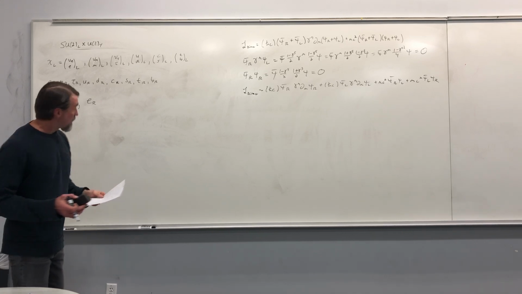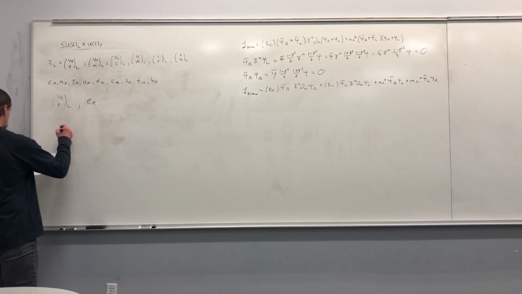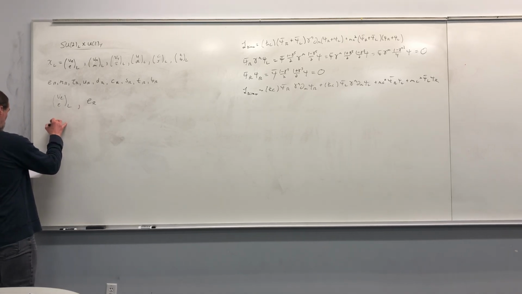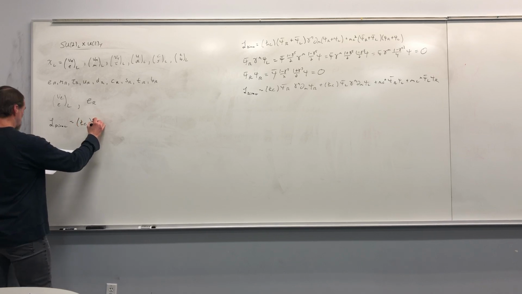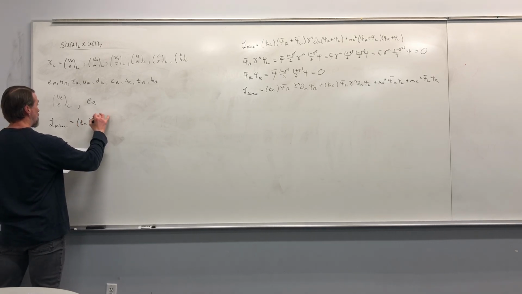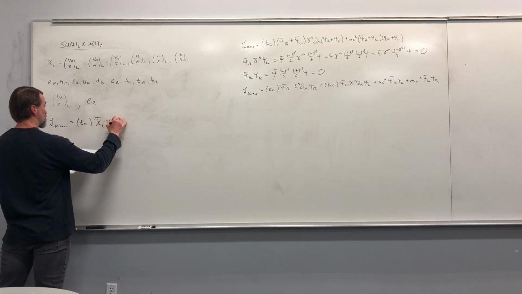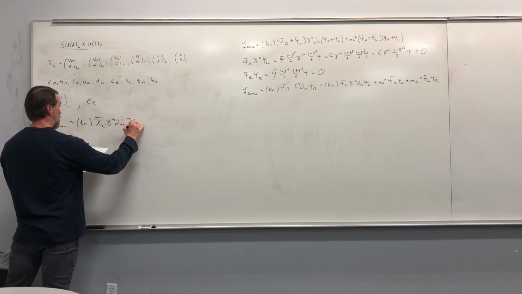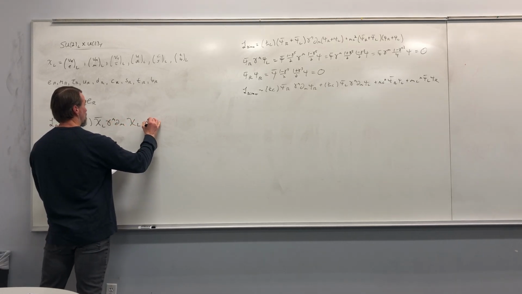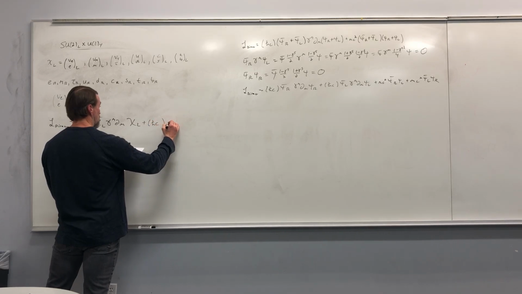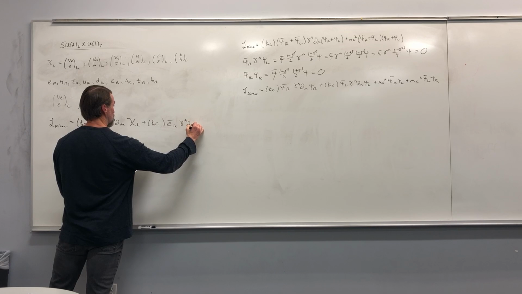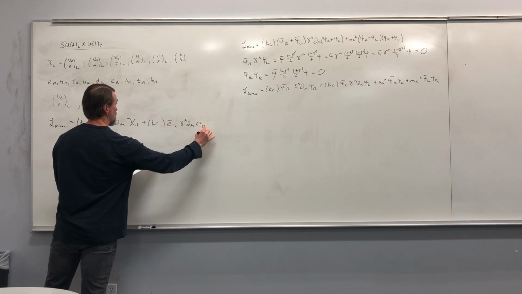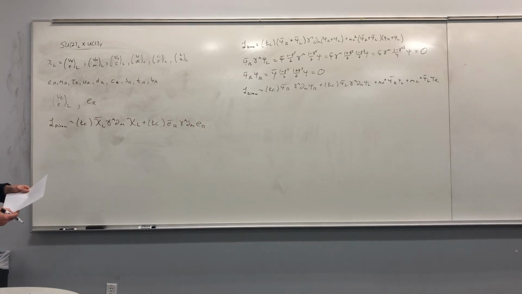So here we go. Let me write down what the Lagrangian looks like for these terms. The Dirac Lagrangian takes the form ħc χ_L bar γ^μ ∂_μ χ_L, plus ħc e_R bar γ^μ ∂_μ e_R.